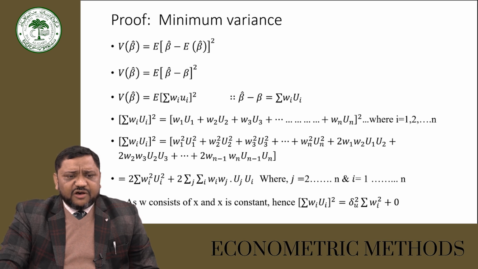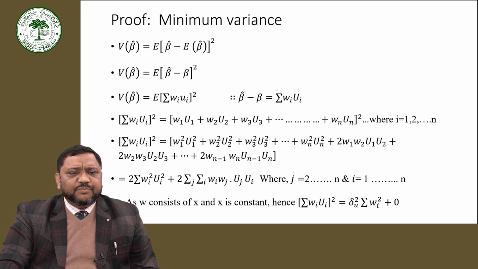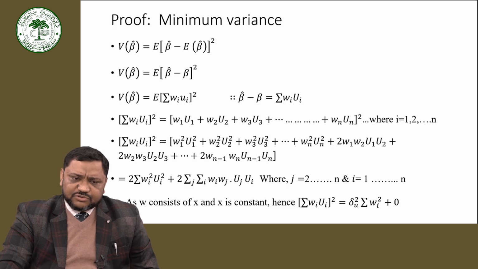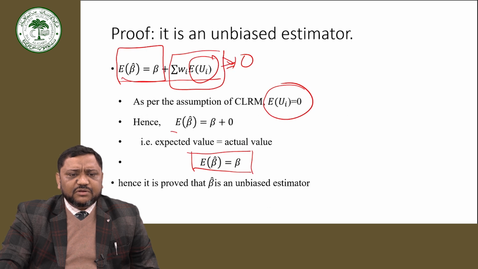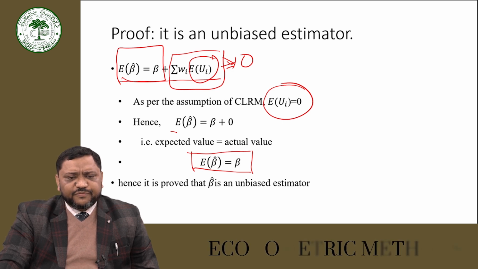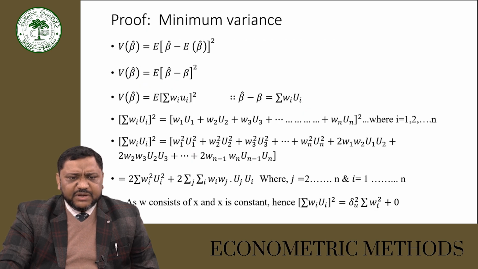Now the variance of beta hat can be written as the expected value of beta hat minus expected value of beta hat, bracket closed, raised to the power 2. Now we have seen that the expected value of beta hat is nothing but beta. We proved this when we were proving that beta hat is an unbiased estimator: the expected value of beta hat is equal to beta.